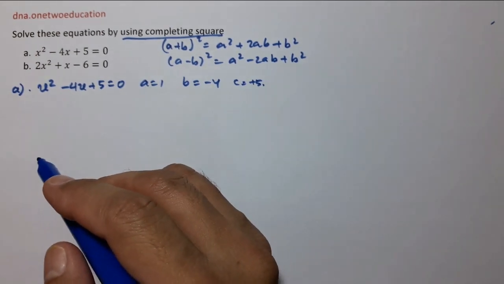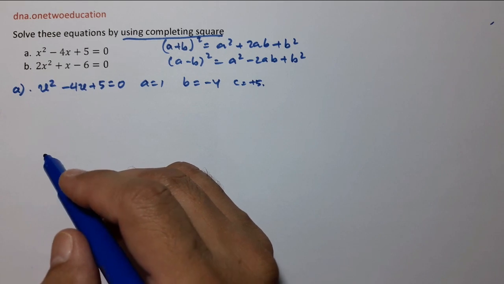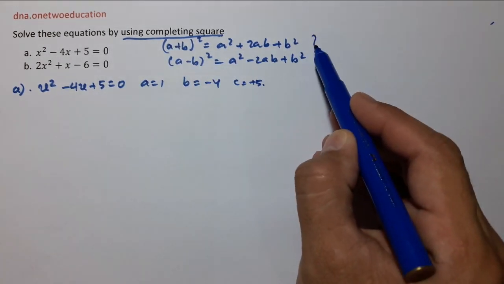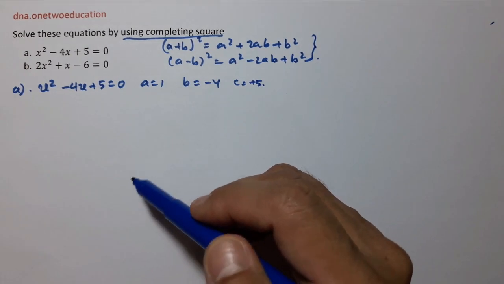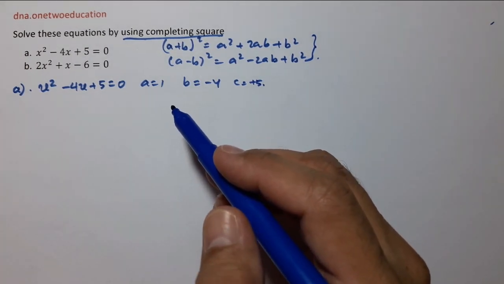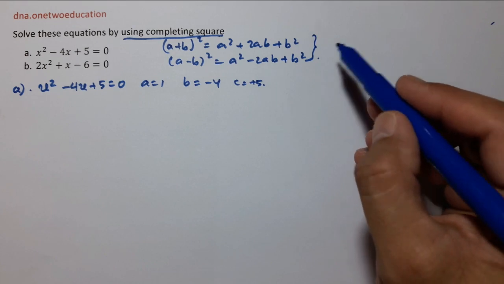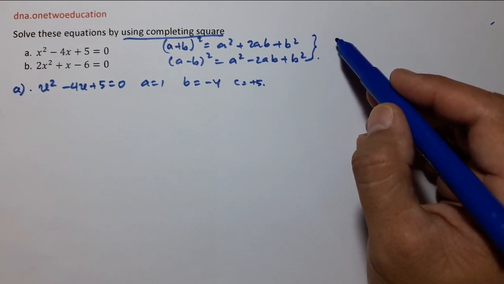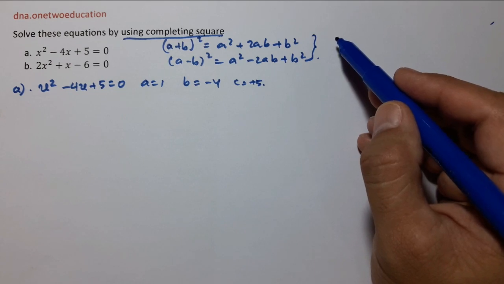Next, by using completing square, our target is this formula. You have to separate the constant first. Once again, separate the constant first.